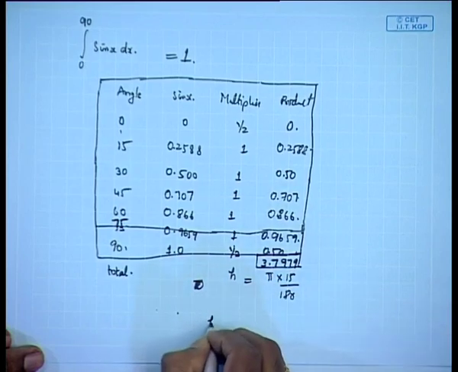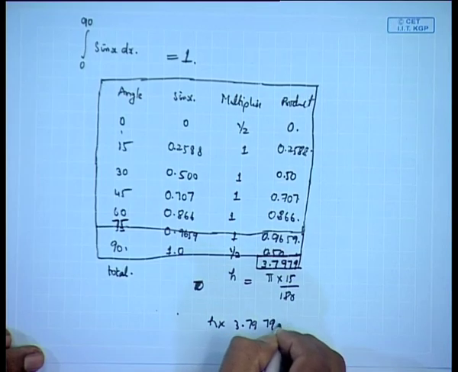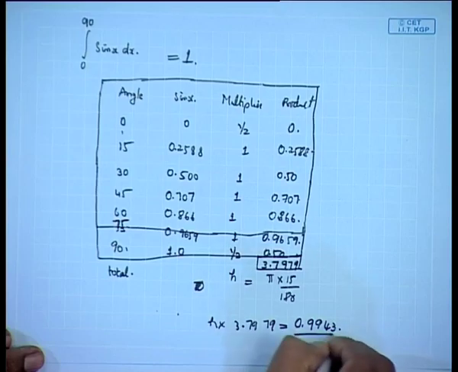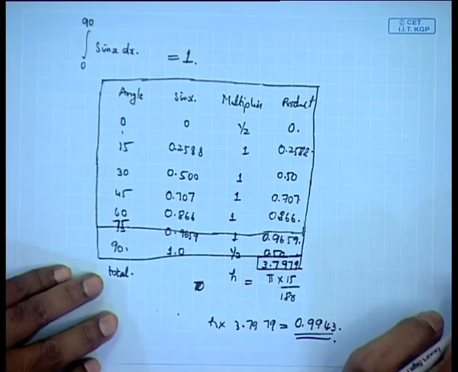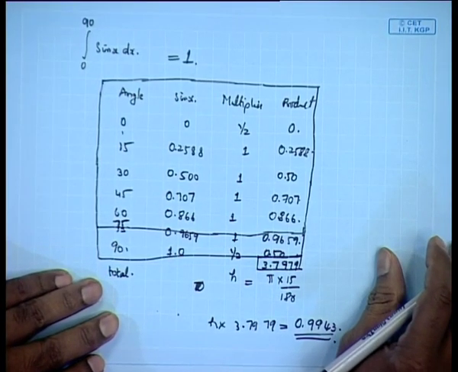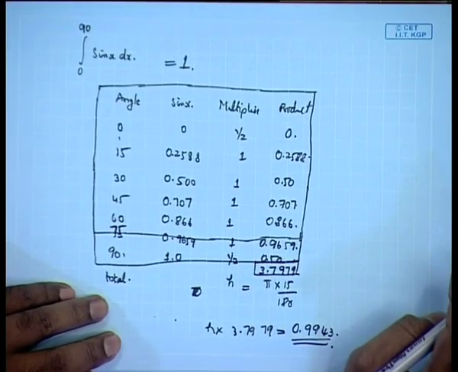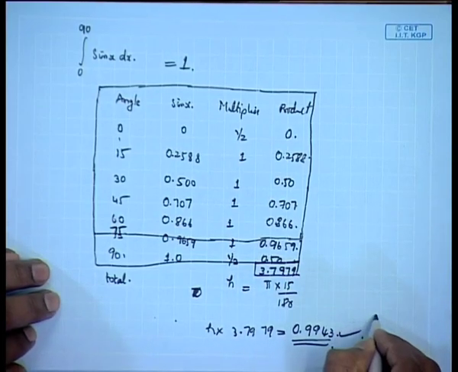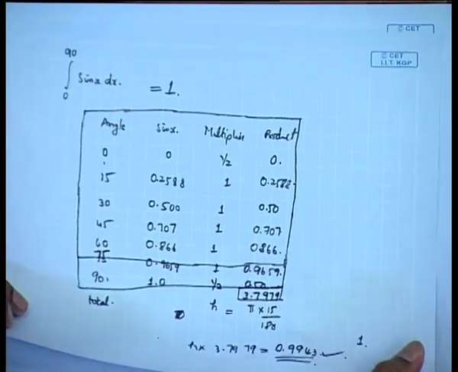So, h into this total 3.7979 comes to 0.9943. This is the answer for the integral of sin x between 0 and 90 degrees, and comparing to 1 we see that we have got a very good answer. This is how you do it.